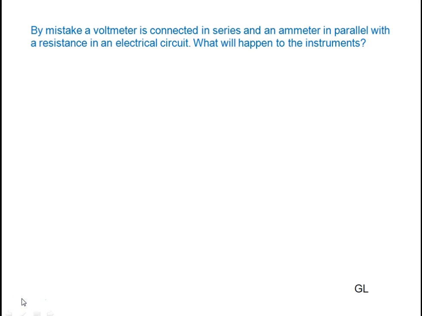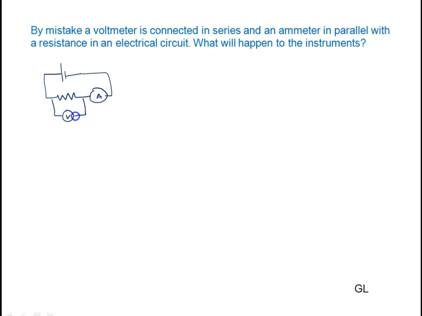Okay, we say this is our real circuit which we have used in Ohm's law. This is the circuit. In Ohm's law we use the ammeter in series and the voltmeter in parallel.